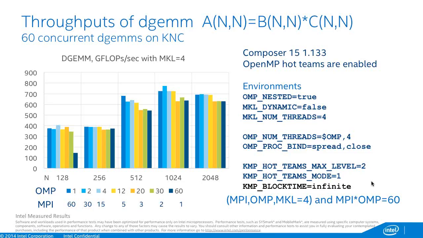The second group, OMP_NUM_THREADS and OMP_PROC_BIND, are the two OpenMP 4.0 affinity features that were introduced. We are telling the runtime how to distribute the threads.